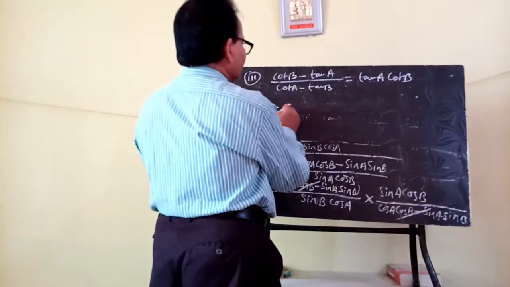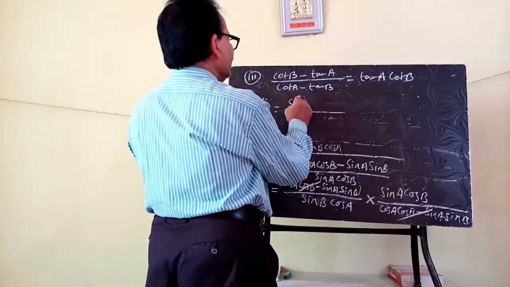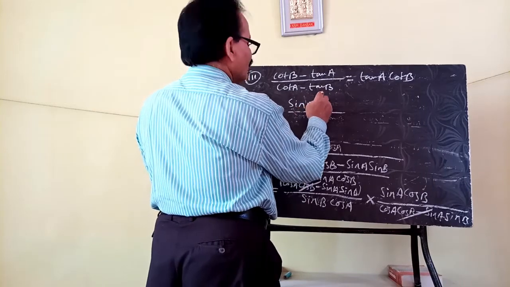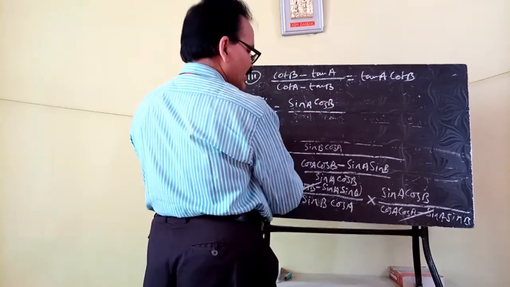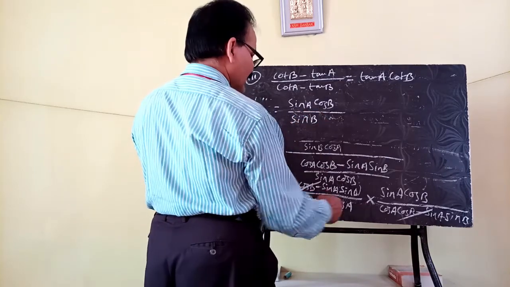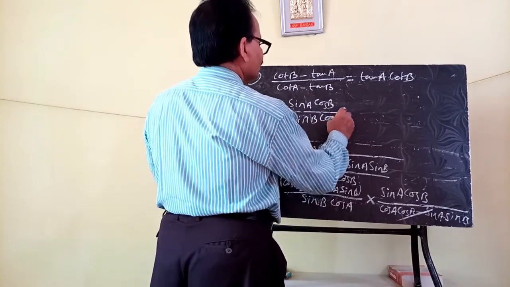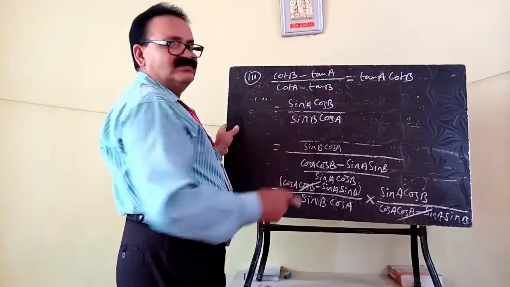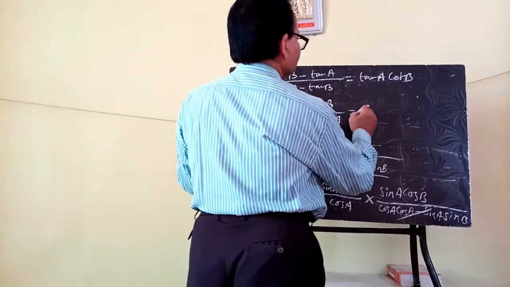In the numerator it will be sin A cos B, and in the denominator this is your sin B and cos A. Now you rearrange again.